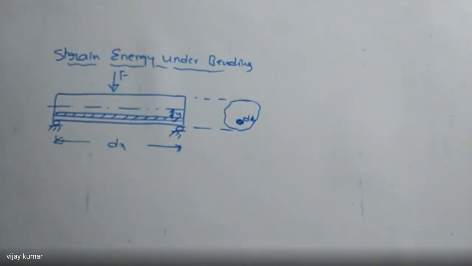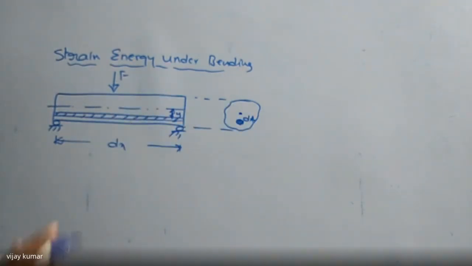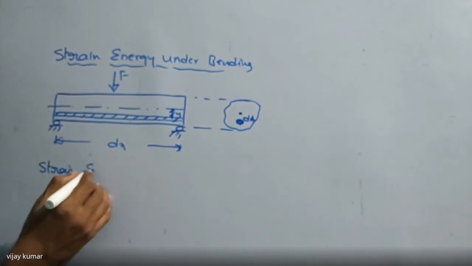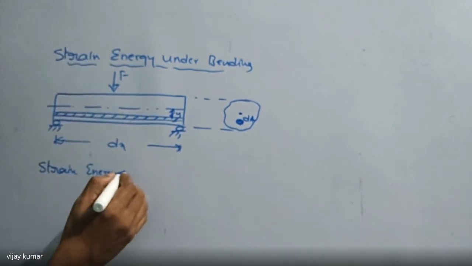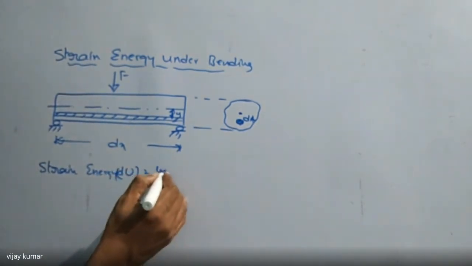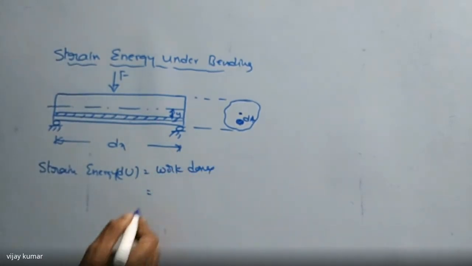So if you apply the bending force here, there is a deflection. That is, this layer will also be deflected from the axis, right? So this is the center of gravity. So here we are writing strain energy dU is equal to work done, that is force into displacement.